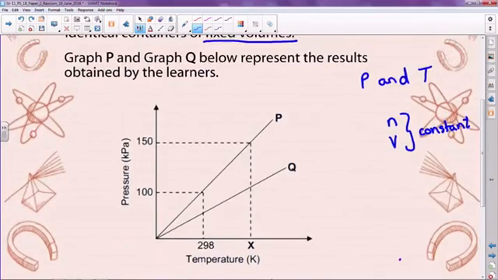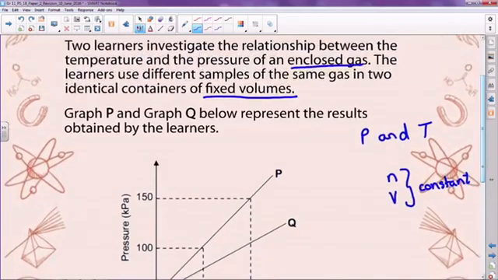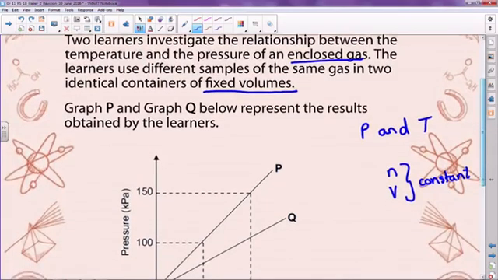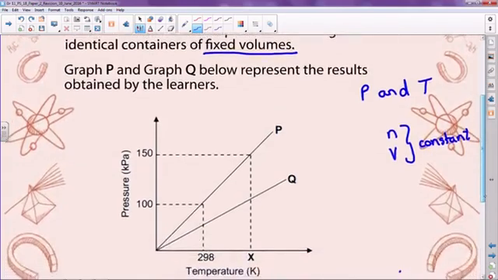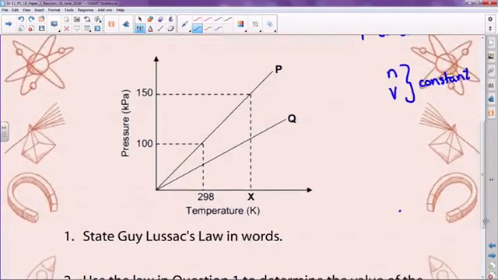The only thing we've really been told is that it's a relationship between the temperature and the pressure of an enclosed gas. Different samples of the same gas, two identical containers of fixed volume. So our number of moles is constant, our volume is constant.